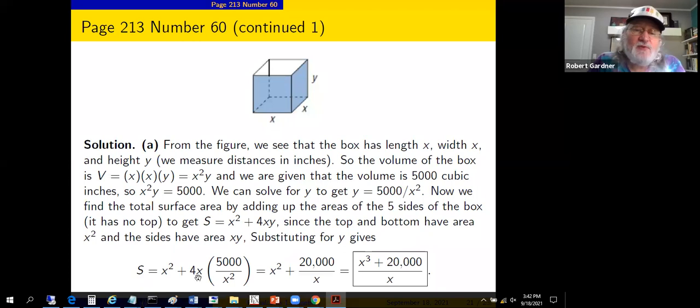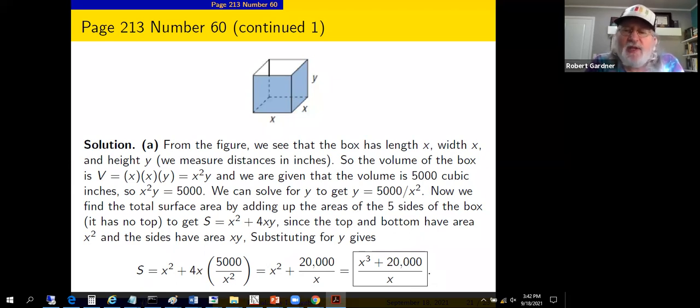So x squared plus 4xy becomes x squared plus 4x times 5,000 over x squared, since that equals y, which we can simplify a little bit as x squared plus 4 times 5,000, 20,000, and cancel one of these x's. x can't be 0. Of course, x can't be 0. If x were 0, then you ain't got much of a box.